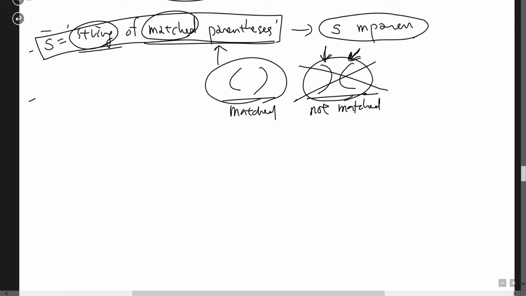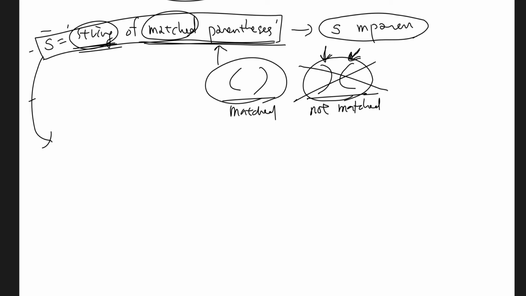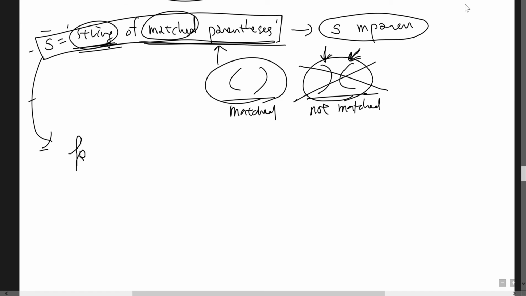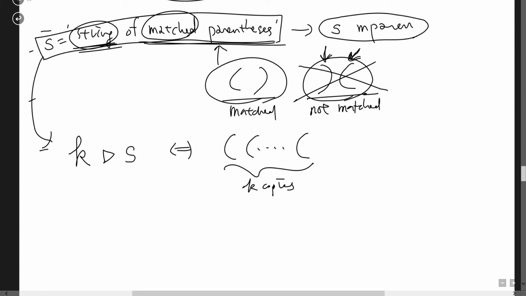So first, we need to formalize the notion of a string being a string of matched parentheses. So we introduce a new judgment where we write K triangle S. The idea here is that K copies of opening left parentheses, followed by string S, is a string of matched parentheses.